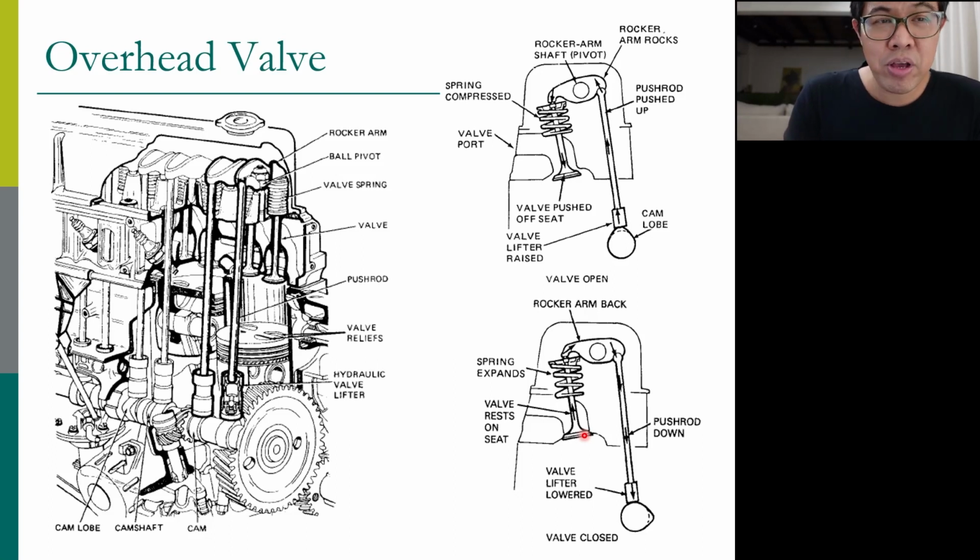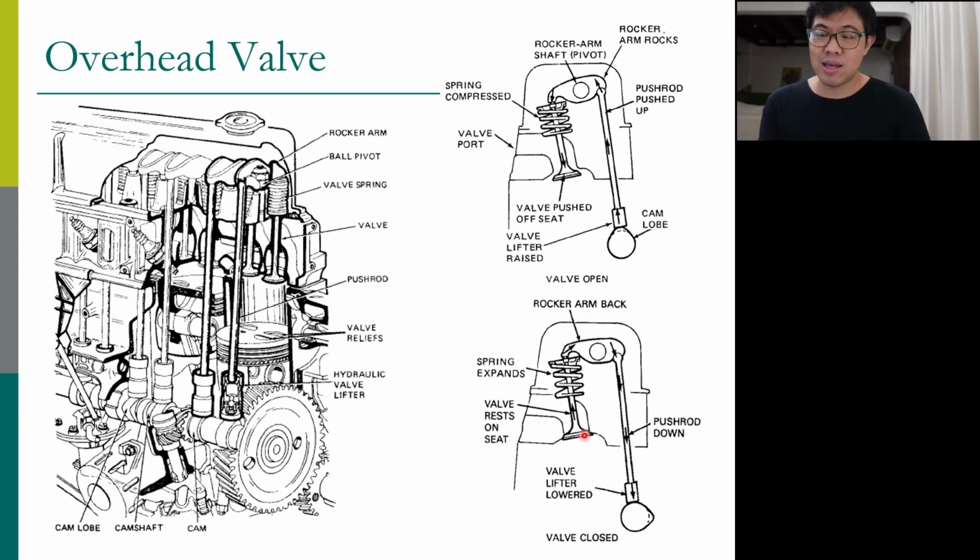We cannot allow any delay. This one has delay, and there is some clearance, some gap between this part and this part, that can slow down the opening or affect the precision of the valve opening.